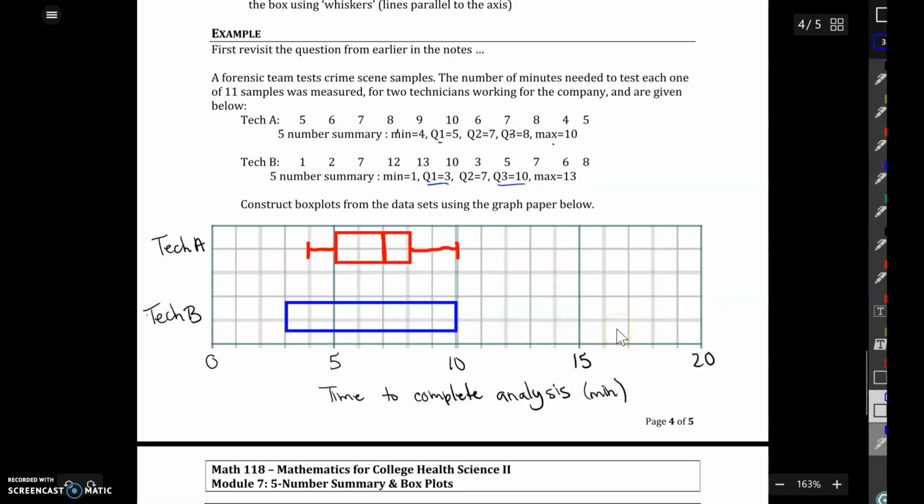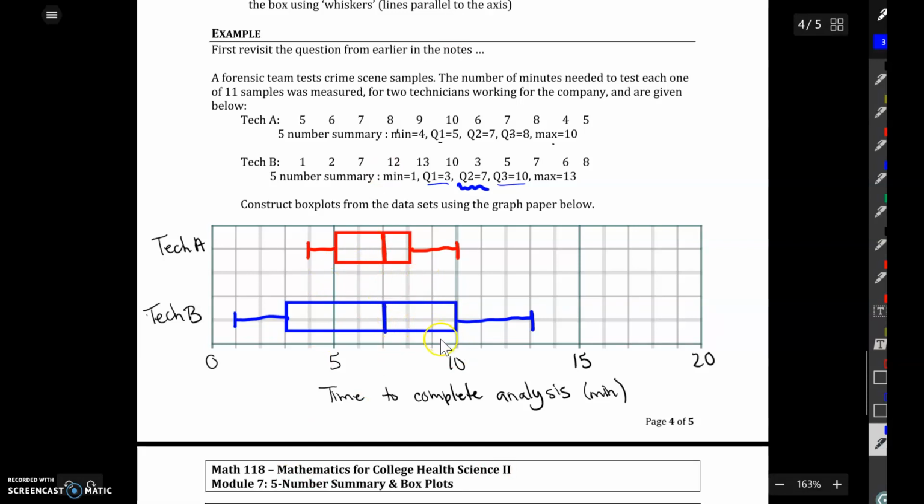Okay, I'm going to put a line in my box plot at my Q2 value, which in this case is 7. And then I draw whiskers from my Q1 value down to my minimum and from my Q3 value up to my maximum.